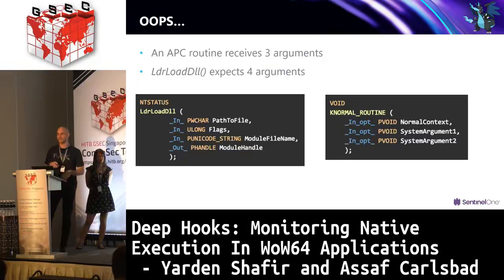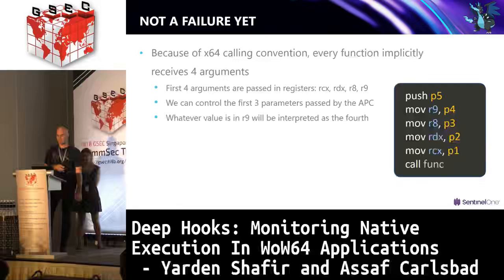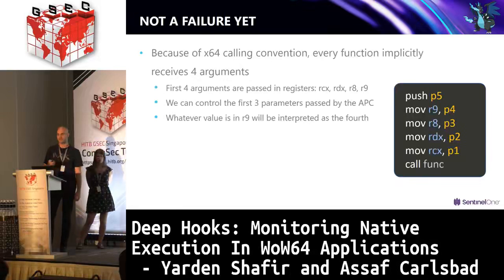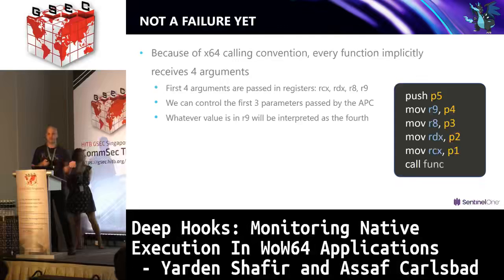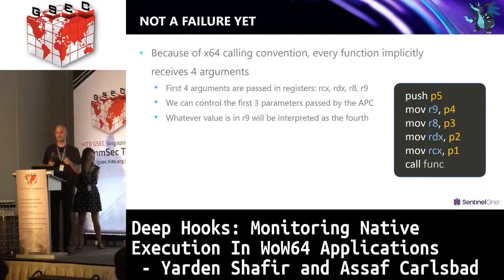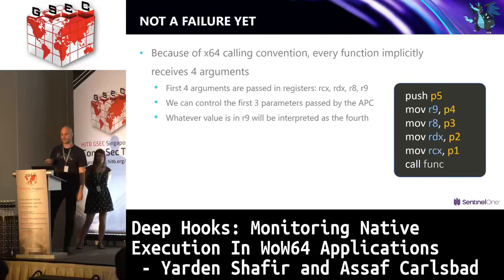Not yet. And what might actually work in our favor is the x64 calling convention. Like some of you might know already, in x64, almost every function receives its first 4 arguments via registers. The first parameter is passed in the RCX register, the second one in RDX, the third in R8, and the fourth one in R9.